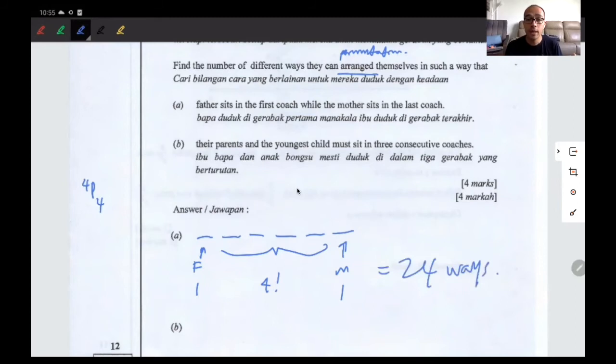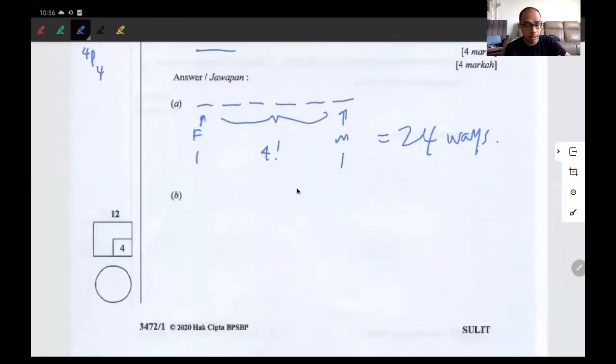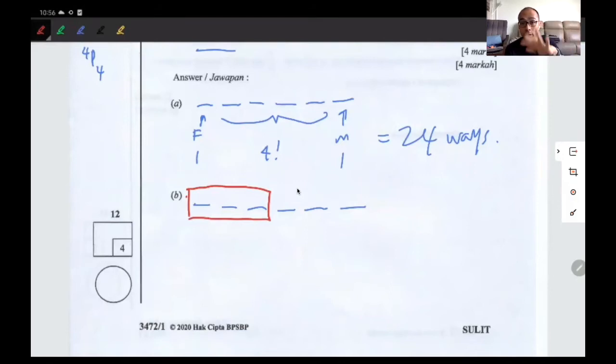Now, this one is a little bit tough. Their parents and the youngest child must sit in 3 consecutive coaches. Must be father, mother and youngest child. So what I would do is 6 coaches again, except that this one is already blocked, 3 consecutive.